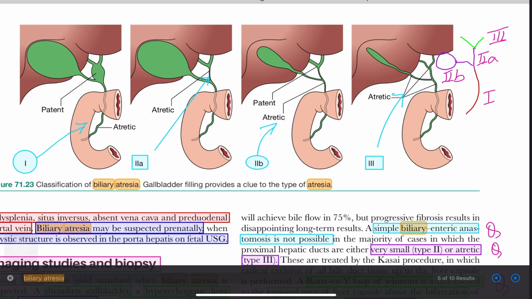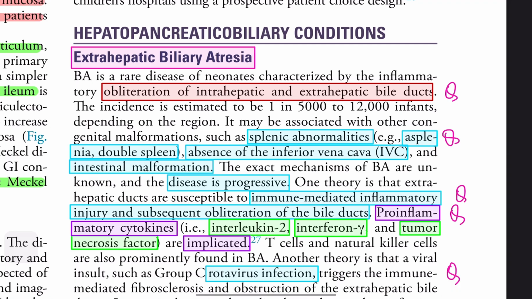Type 2A is where the gallbladder is patent and the common hepatic duct is atretic, and type 2B is where even the gallbladder is obliterated. In type 3 everything is obliterated, the right and left hepatic ducts also.